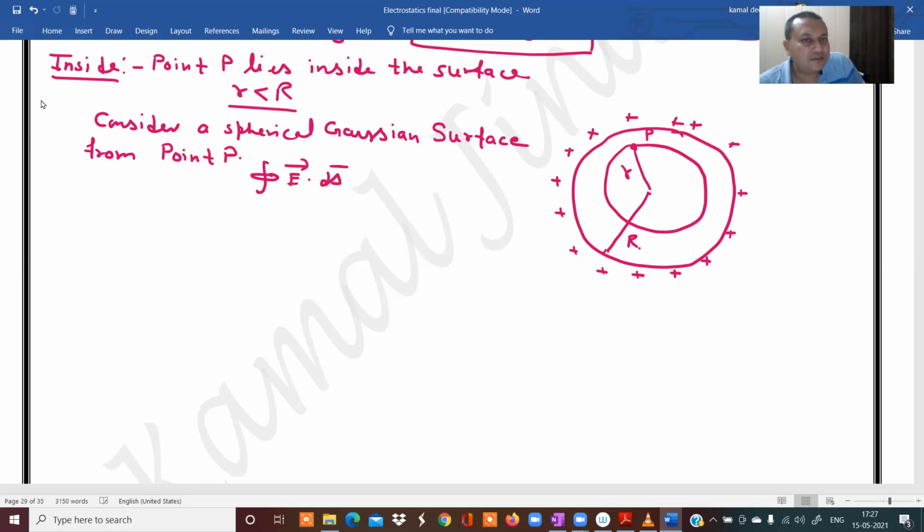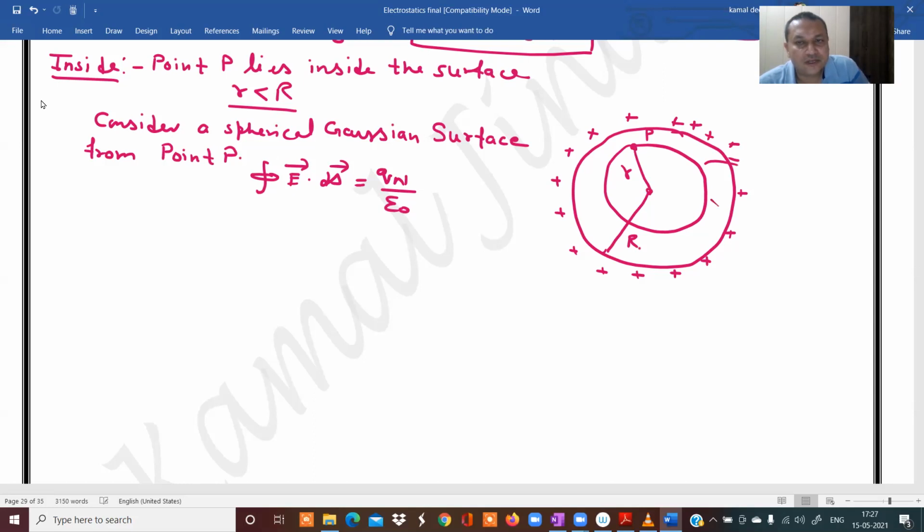Integral of E dot dS equals q net upon epsilon naught. I am giving you advice, and this advice is very, very important. Whenever you consider a Gaussian surface, you should first get an idea of the amount of charge inside it. Inside it there is no charge. All the charge lies outside the Gaussian surface.